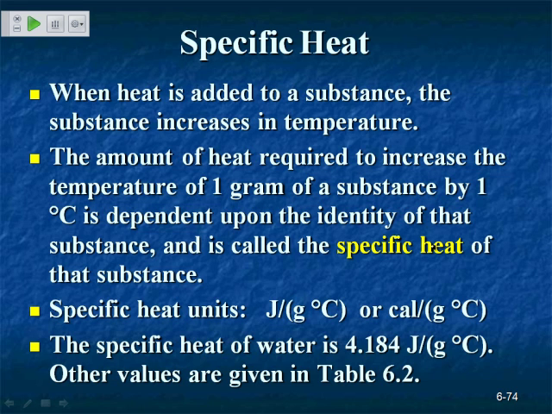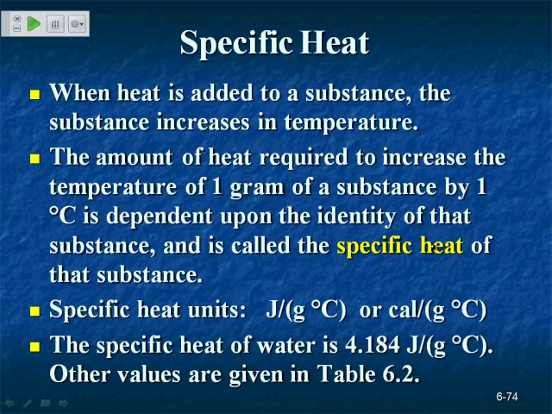Like water has a specific heat, versus copper metal has a different specific heat. And again, it is the amount of heat energy required to raise the temperature by 1 degree Celsius of 1 gram of a substance. Now, specific heat units are joules per gram degree Celsius, because that comes from the definition.